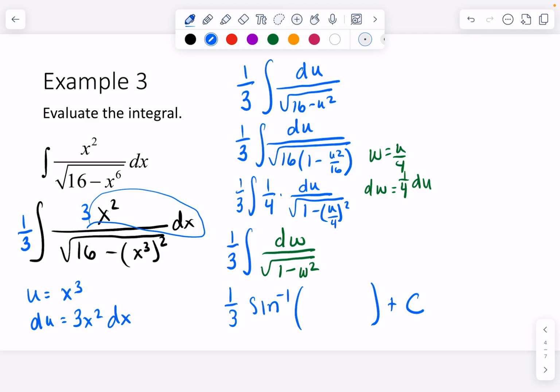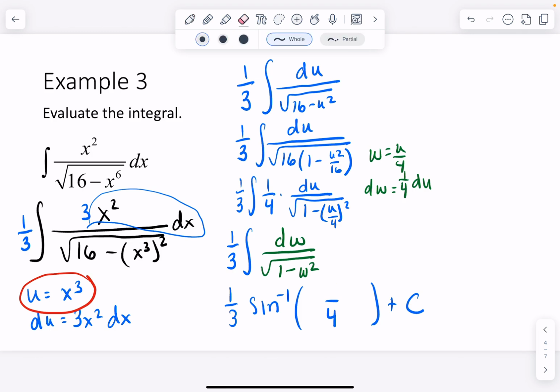So that is of my u, which was u over 4. Now, what was my u? Looking back over here, it was x to the third. So my u is x to the third. Again, not necessarily something that's on the AP test, but I think some really cool, fun, complicated integrations.